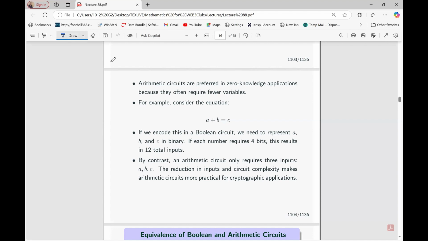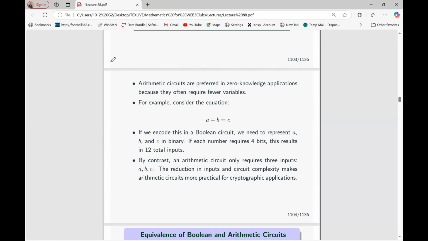For the arithmetic circuit, I would just do the computation directly. If you have A plus B, the arithmetic circuit will just do A plus B and then verify that it equals C.